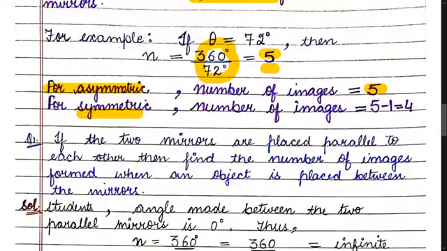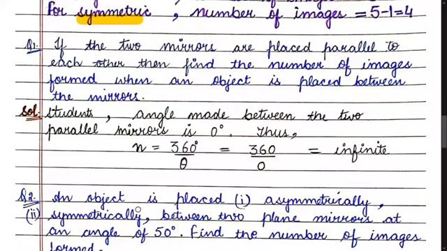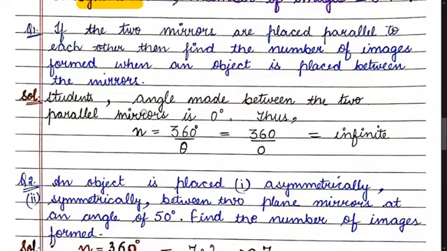So students, now let us do some questions. Question number 1 is, if the two mirrors are placed parallel to each other, then find the number of images formed when an object is placed between the mirrors.